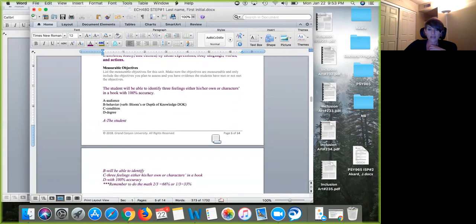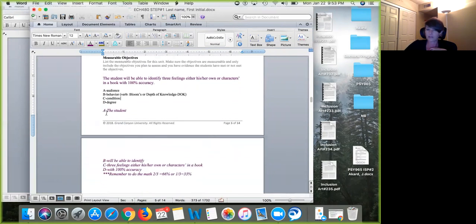So let's make sure that I have all of the components, and I just broke it down for you. You actually don't have to do this. This piece is fine. But A is the audience, which is the student. B is the behavior. They're going to be able to identify. So that is my Bloom's word, which in fact is a lower one. I understand that, but maybe I'm working with a 3-year-old, and this would be the first opportunity we really talk about feelings for most of them.